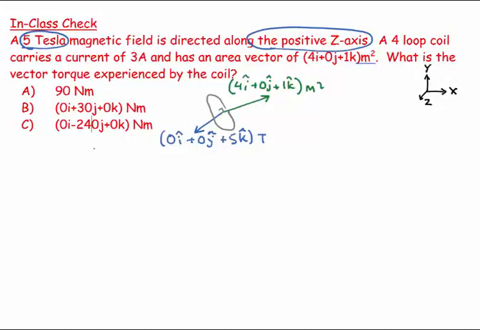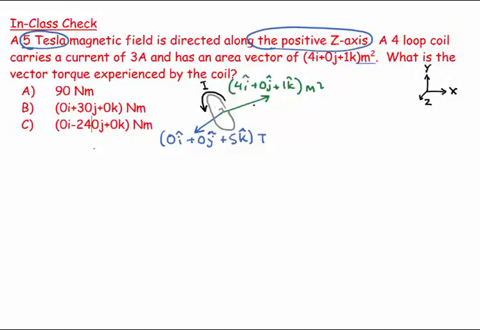So how do I know which one it is? I can tell by using the so-called right-hand corkscrew rule. If my current is flowing in that direction, then my area vector is pointing in that direction. I can show you with my hand: you take your right hand and put a thumbs up, and your finger direction represents the current direction around the coil, and your thumb represents the area vector.